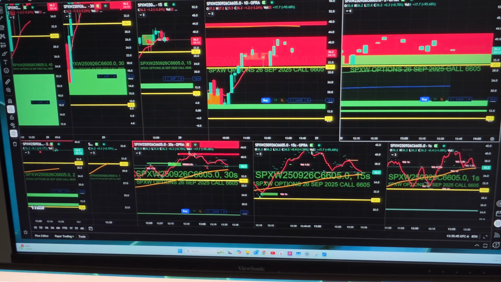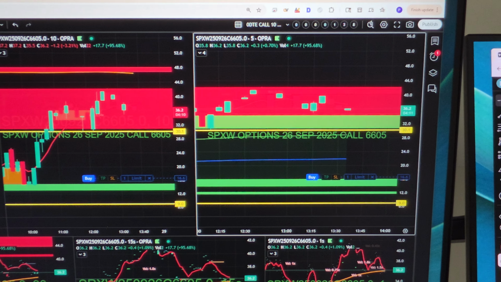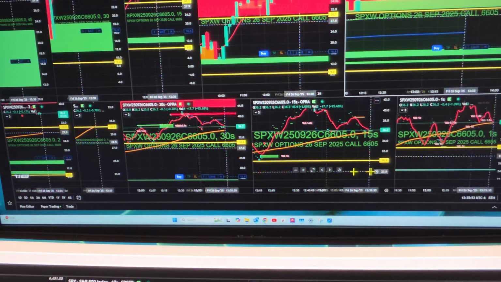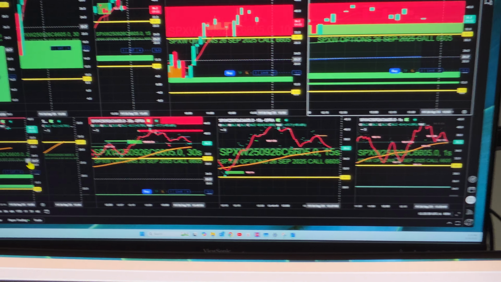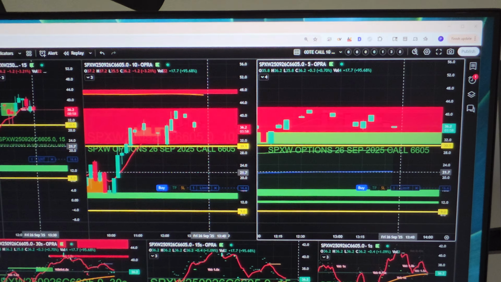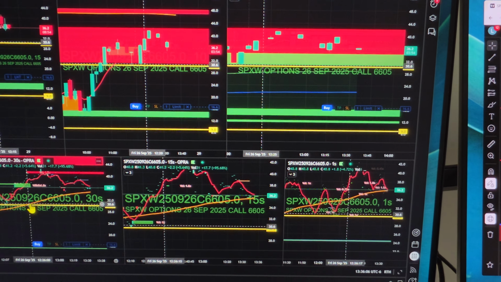Before you trade, you should look at this and see if you've got order blocks like those red ones right there above, anywhere near, especially down here in the 1 second to 2 minute chart. And the 5 and the 10 is not very good in the afternoon, that's for sure. So anyway, this is what I do.